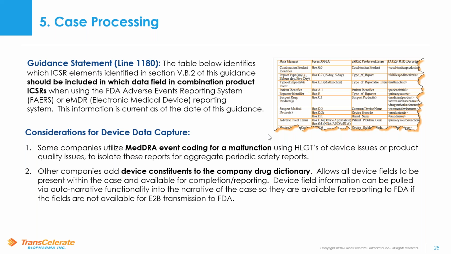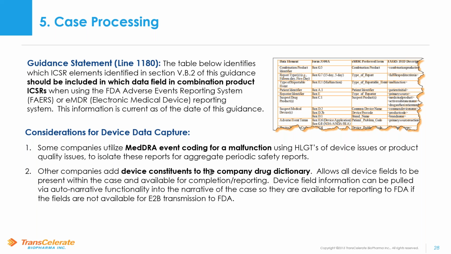Some considerations that were identified by our member companies for device data capture. Some of the companies are utilizing MedDRA event coding for malfunctions, using the higher level group terms of either device issues or product issues. This will also be helpful for companies to isolate these malfunction reports for inclusion in the summary and analysis section of your aggregate report, which we will discuss on a later slide.